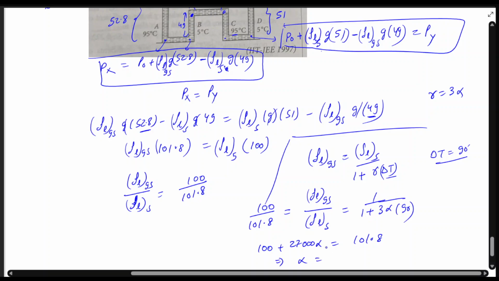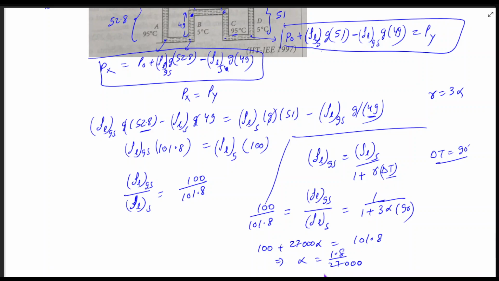So alpha will be 1.8 divided by 27,000. If I use a calculator, we get 6.67 into 10 raised to power minus 5.